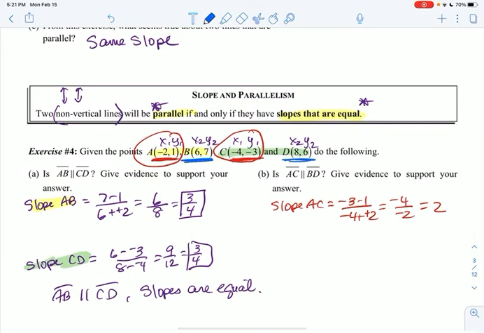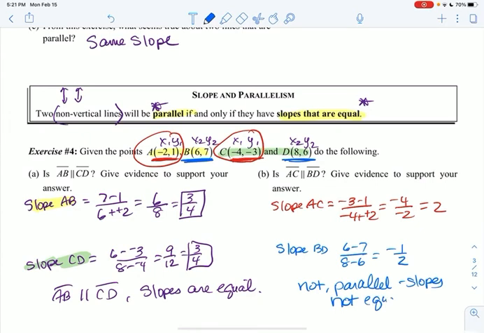BD, I'll do that in blue just so that we can see the points that I have. So 6 minus 7 and 8 minus 6 is negative 1/2. So obviously those are not parallel. Not parallel. Why? Slopes are not equal, or not the same, something like that.